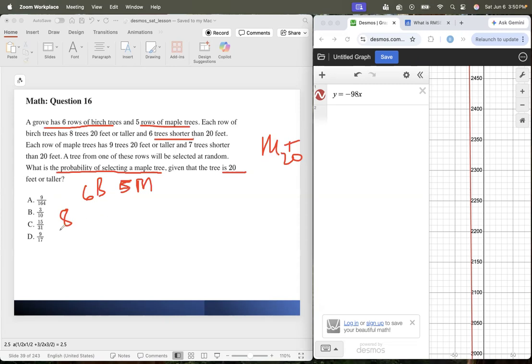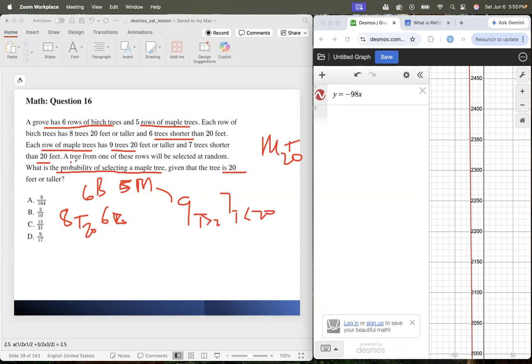So there's 8 that are taller than 20 feet, and then 6 that are shorter, less than 20 feet, right? Each row of the maple tree has 9 that are taller than 20 and 7 that are shorter than 20. So this is 20.